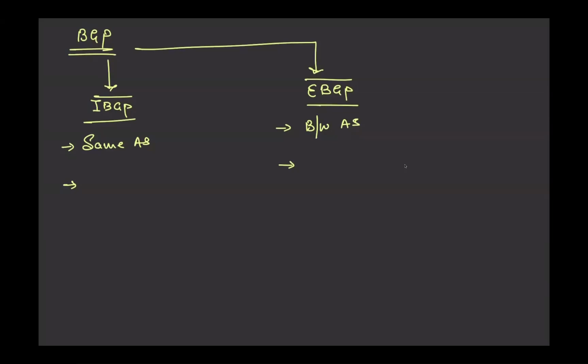In IBGP, an IBGP neighbor router can't share a prefix if it receives the prefix from another IBGP neighbor, but EBGP shares it. And IBGP never modifies the next hop IP, but EBGP modifies it.